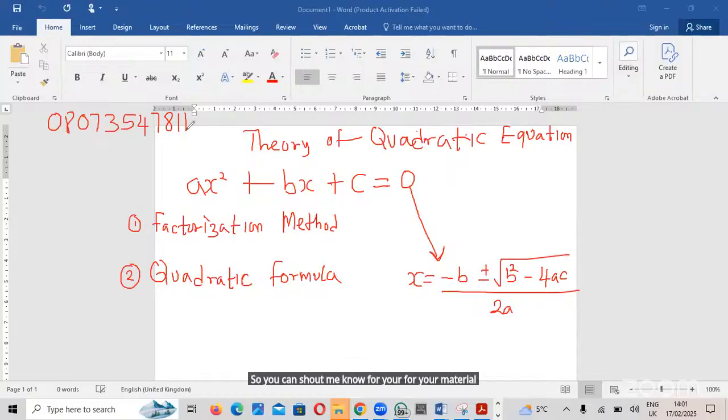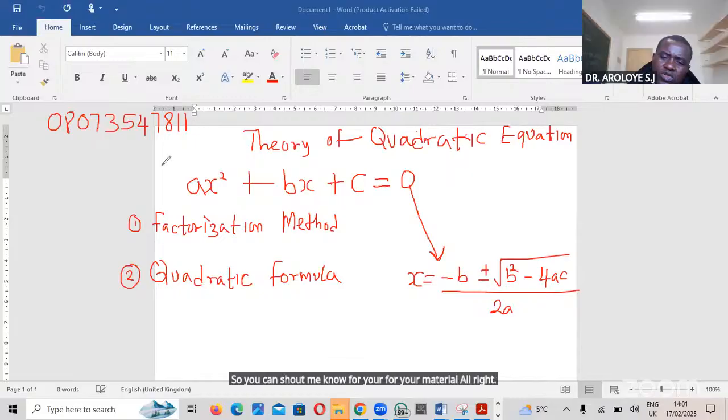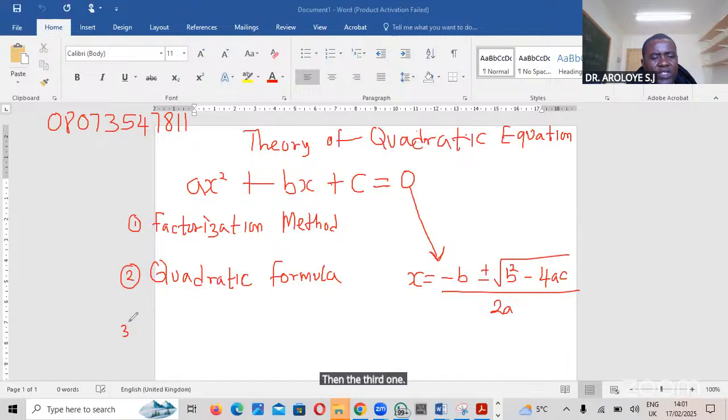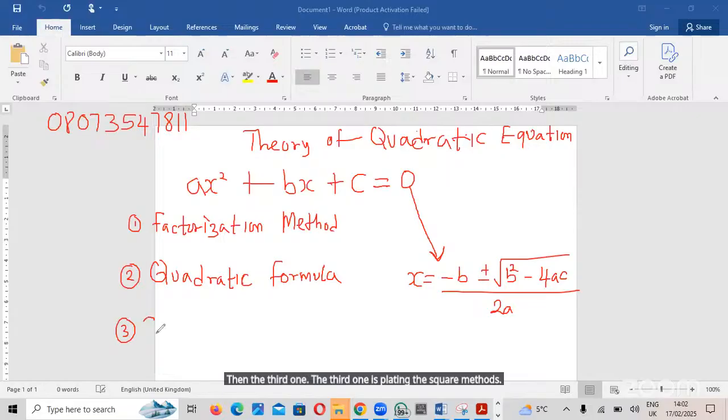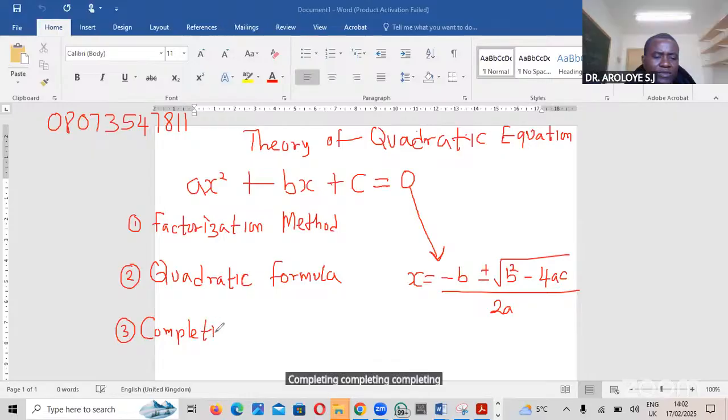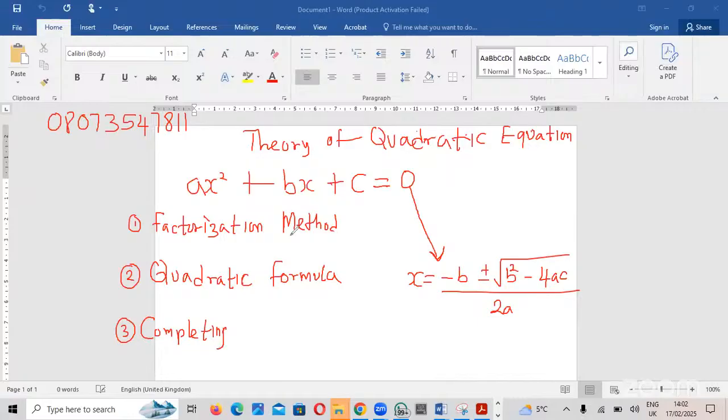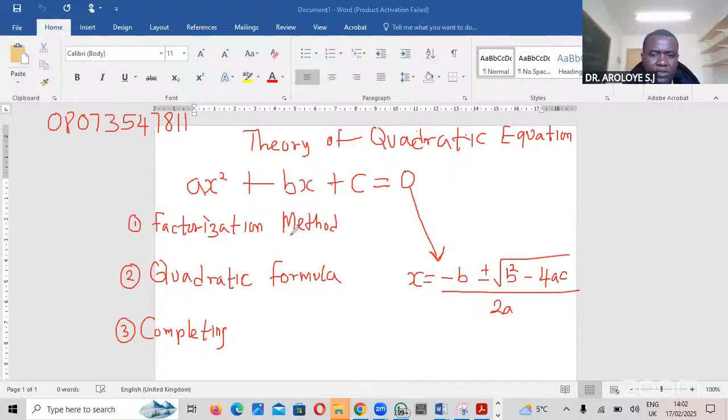All right. So the third one is the completing the square method.